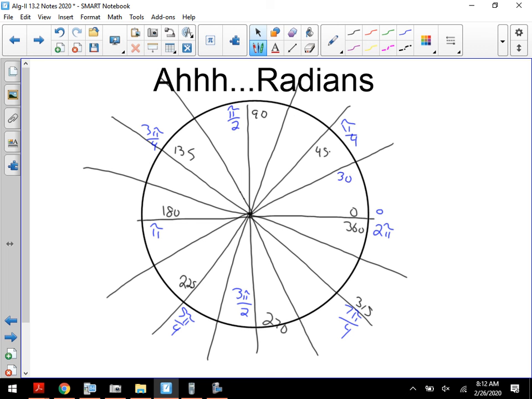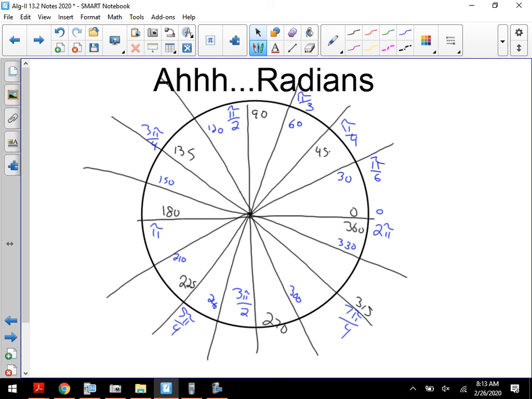So we have 30, 60, 120, 150, 210, 240, 270, 300, 330. To go up every 30 degrees, we go up by a sixth. So pi over 6. If I add a 6 to that, I get 2 pi over 6, but I don't like unsimplified fractions. What does that become? Pi over 3.